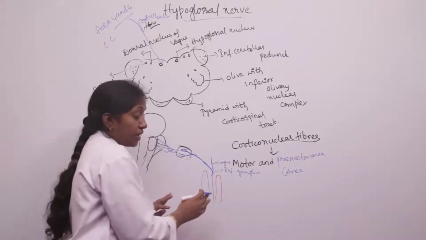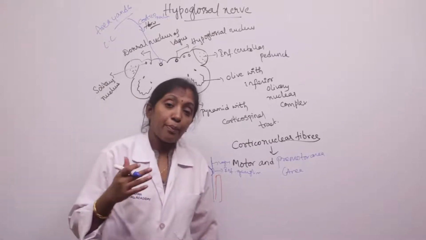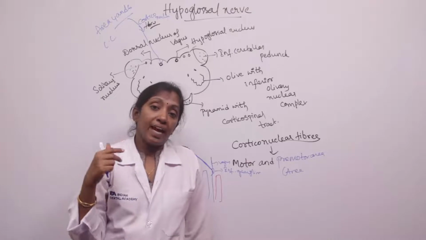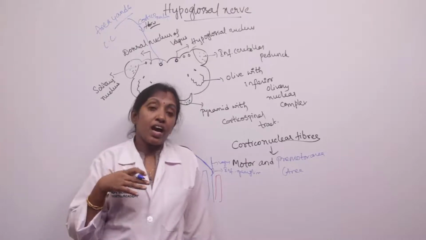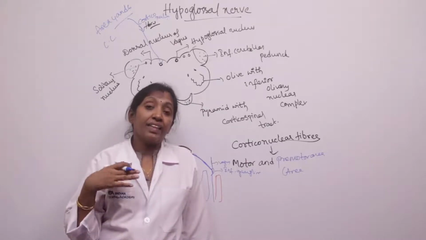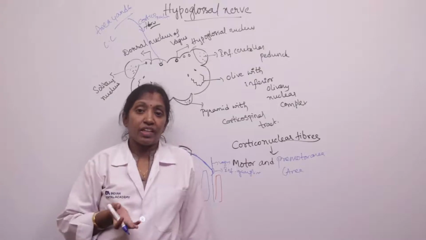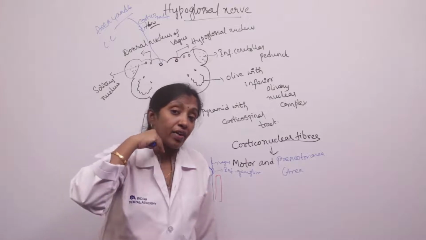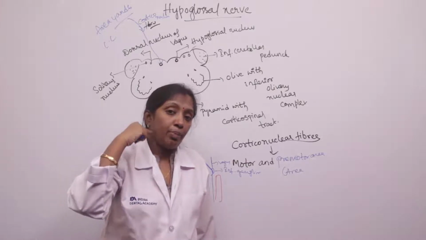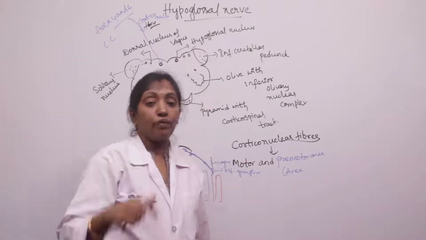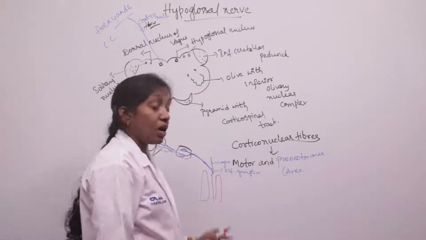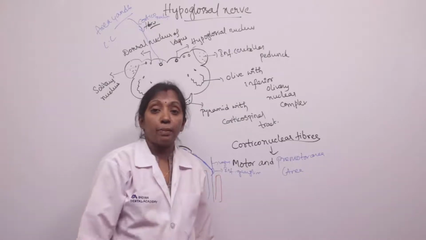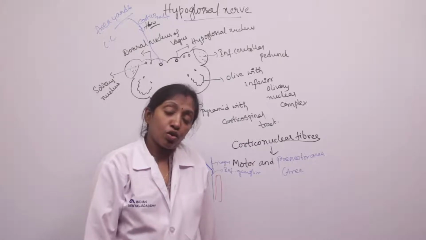Here the hypoglossal nerve is covered by skin, superficial fascia, platysma, and the investing layer of deep cervical fascia. It enters the carotid triangle at the angle of the mandible, and it is crossed superficially by the common facial vein.